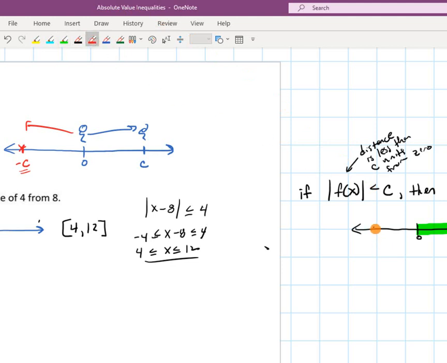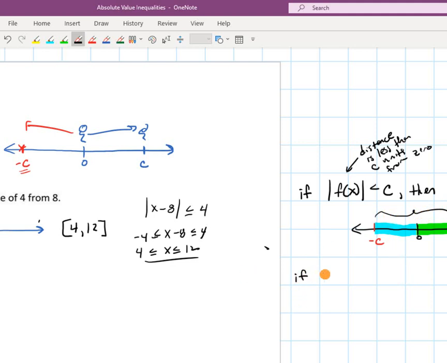But remember, we can go over here as well. So then we would have all of these values being less than c units from 0. Well, if I look at everything that's highlighted here, and I say that all highlighted values are solutions, does it make sense that all my highlighted values are between negative c and c? And that's what this is, it's a between statement.